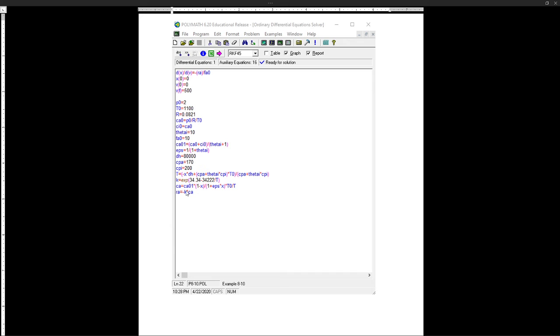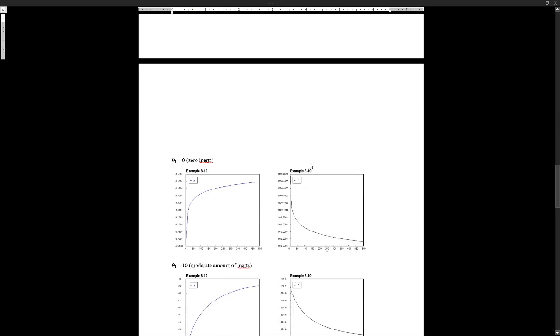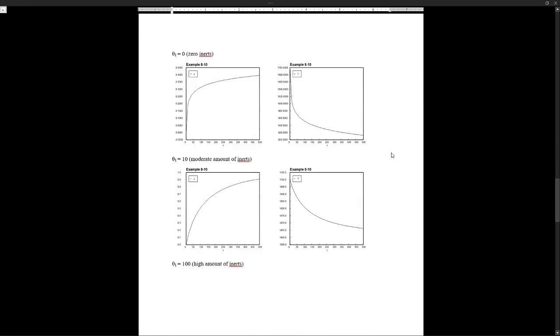We can also derive the C_A equation, and by that we can write our rate law out. So this ends up going back into here, which is what we really wanted, and T gets plugged in here, and so on. Anyways, I ran that three different times, and then I made the graphs for both the conversion and the temperature profiles for each of them.